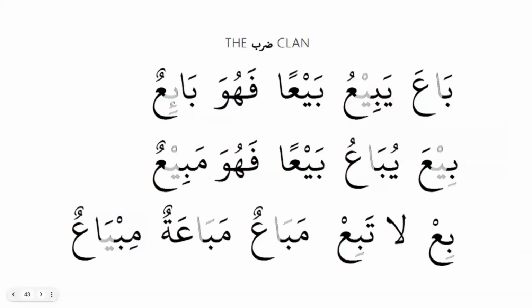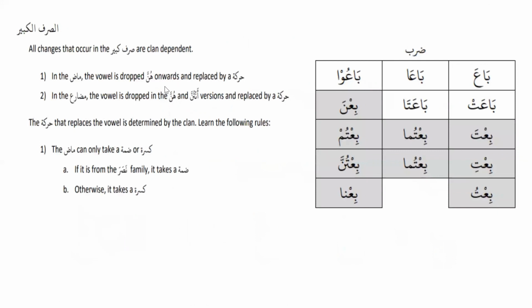Then we have an example from the Daraba family, the Sulasi Mujarrad Daraba family. Ba'a yabiu is the example. If you look at the Sarf Kabir of ba'a, it is like this: huwa ba'a, huma ba'a, hum ba'u, hiya ba'at, huma ba'ata. And then when you come to Hunna, it's bi'na. Why bi'na?